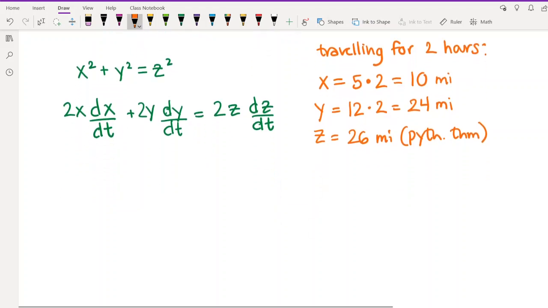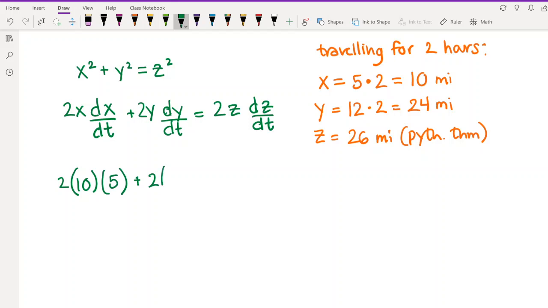All right, so now we can plug all this stuff in. So we have 2 times 10 times dx/dt, which was equal to 5. And then we get 2 times y, which is 24, and dy/dt was equal to 12.